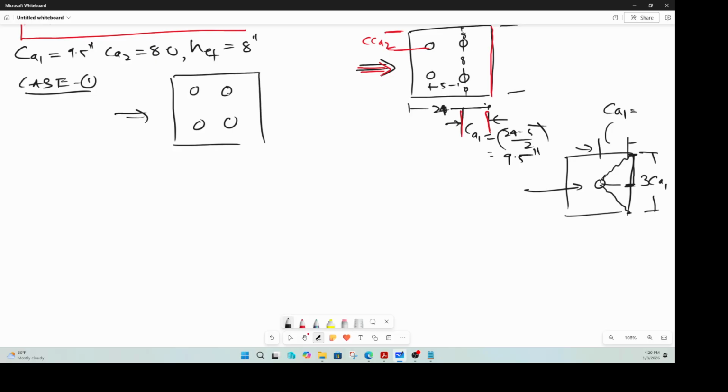Now, when you apply shear on this bolt, the width of the failure surface is 1.5 CA1, which is 1.5 times your CA1 of 9.5, which is 14.25. So from here to there is 14.25. This is 8, right? So the failure surface will be something like that.